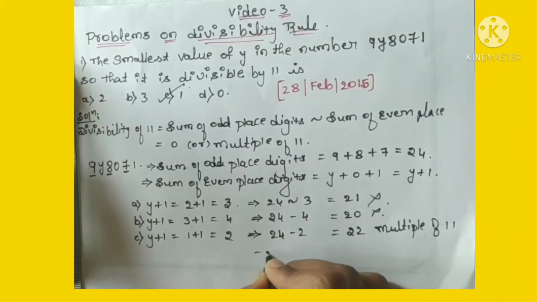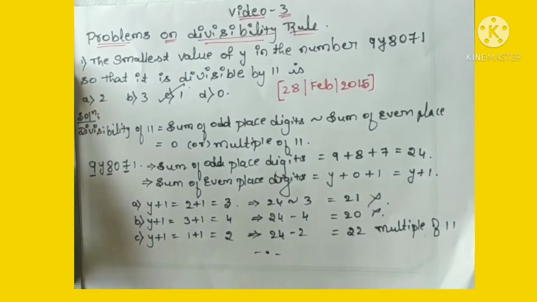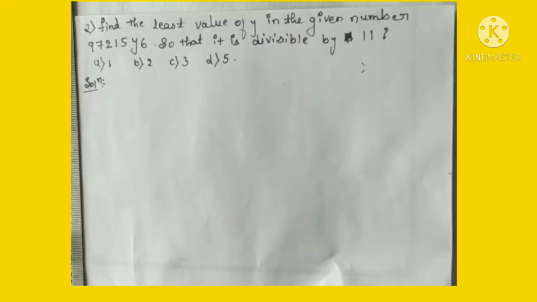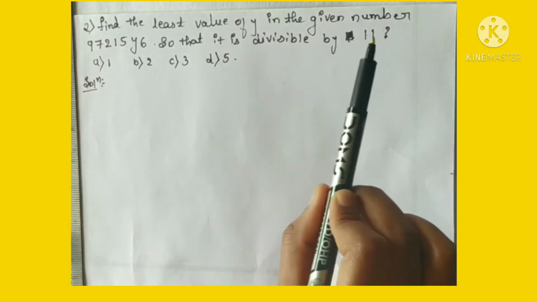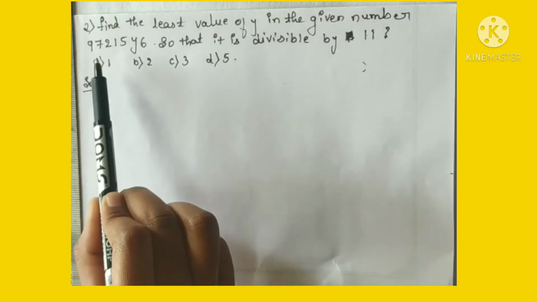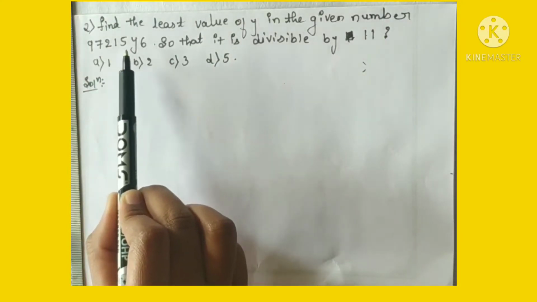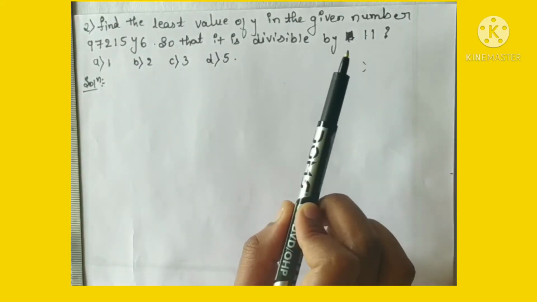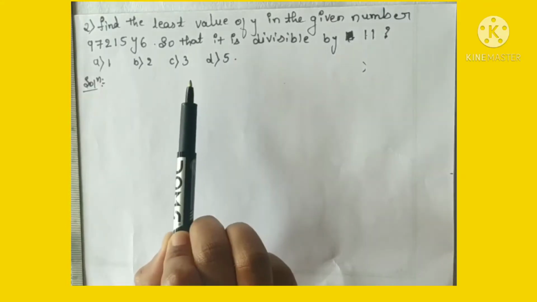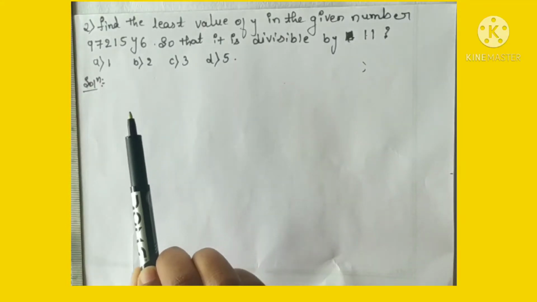Okay. Next we move on to the second question. Find the least value of y in the given number 97215y6 so that it is divisible by 11. They gave options.